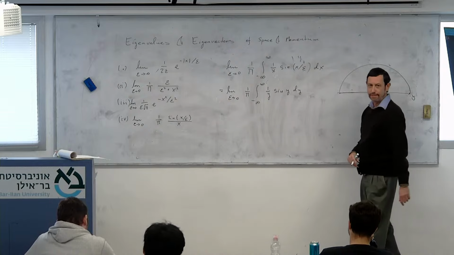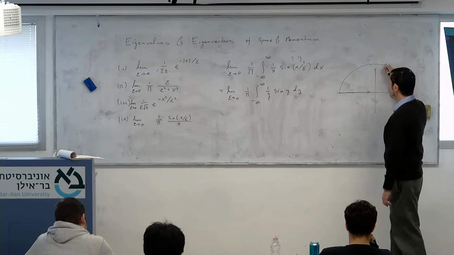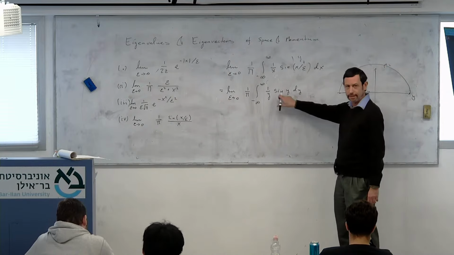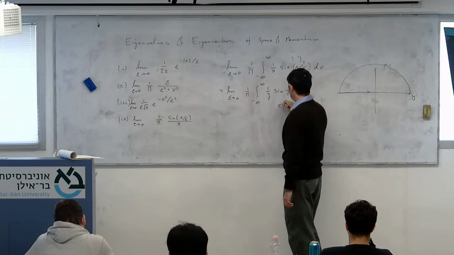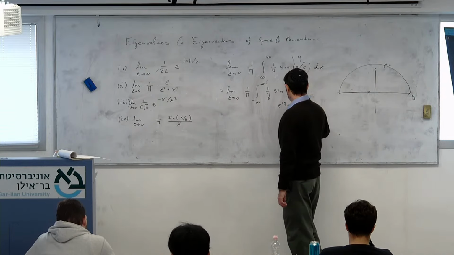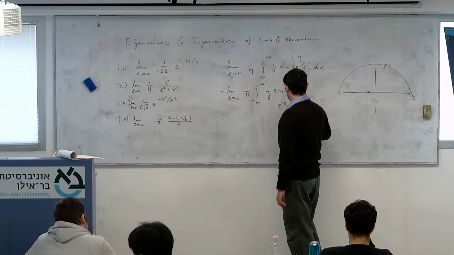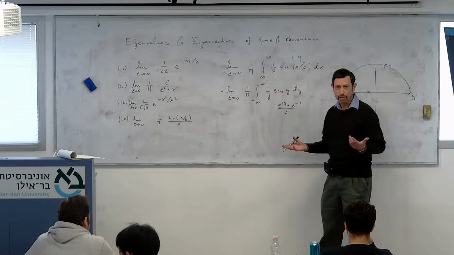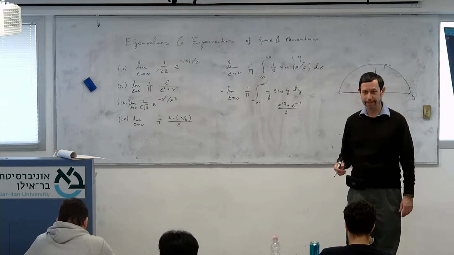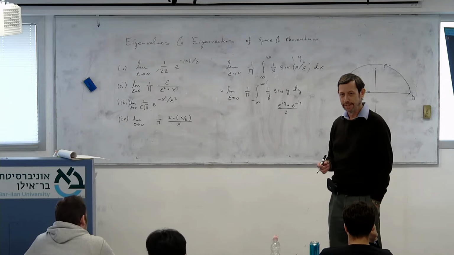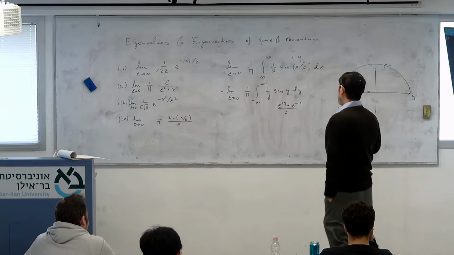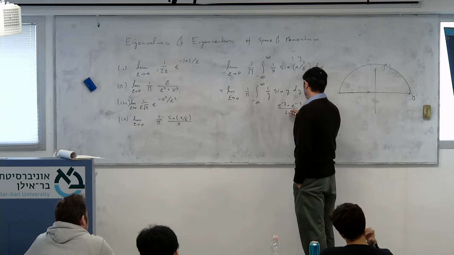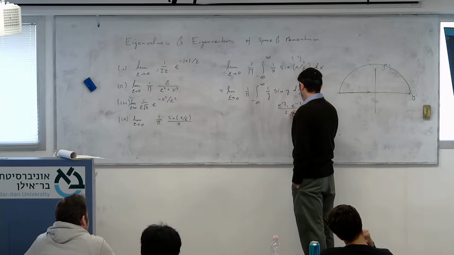I'll close it like this. Why? Because the sine is somewhere in the exponential e to the minus 2y. Yes, a minus is important.